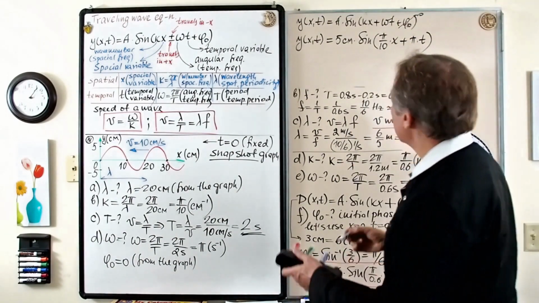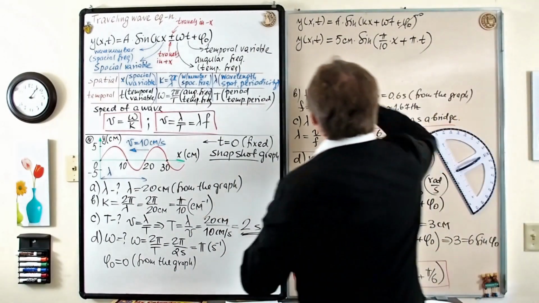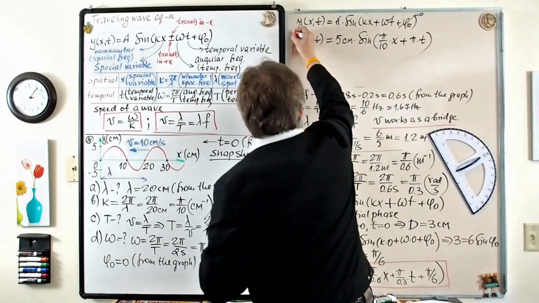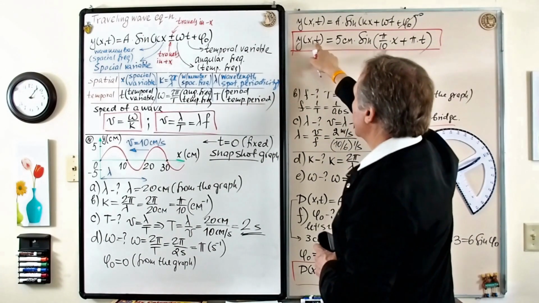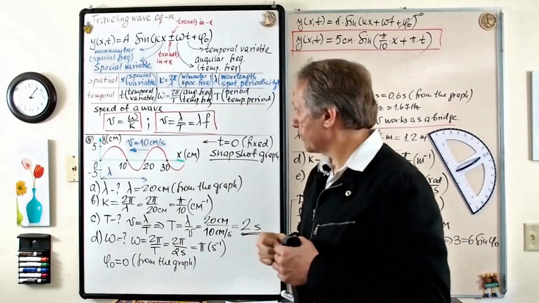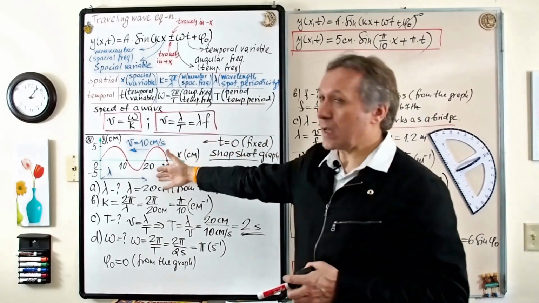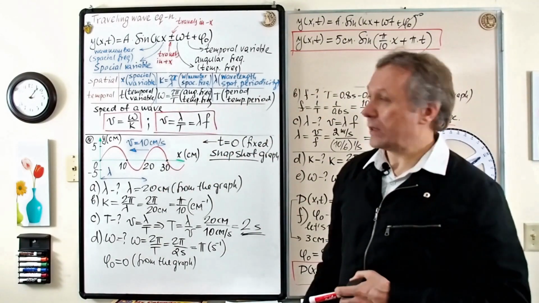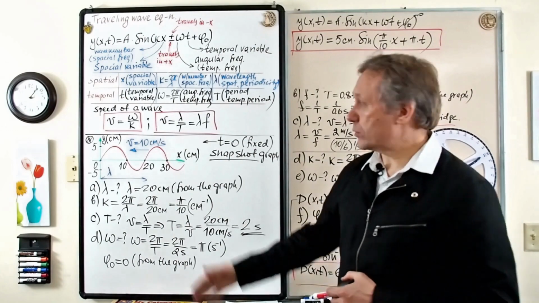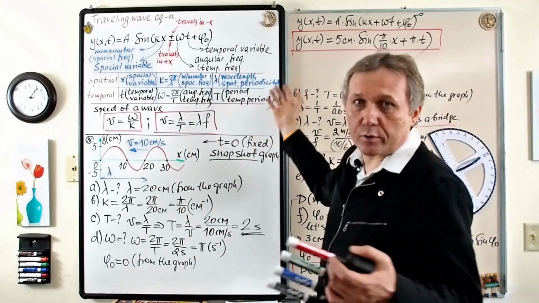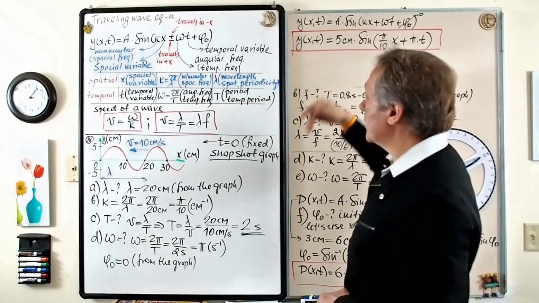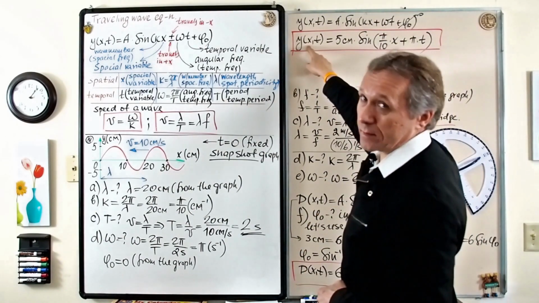So that's the equation which describes this wave, right? So time dependence, x dependence, time dependence. And that is just a snapshot graph describing this wave at t equals 0. Of course, you can draw a snapshot graph at t equals 1, 2, and so on, or you can plot a history graph if you fix x, right?